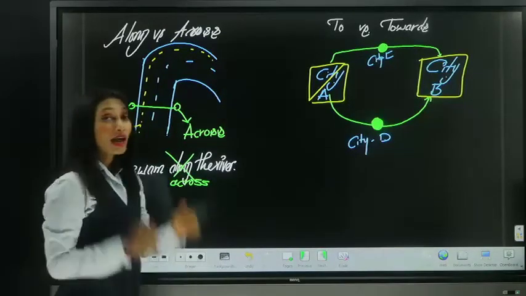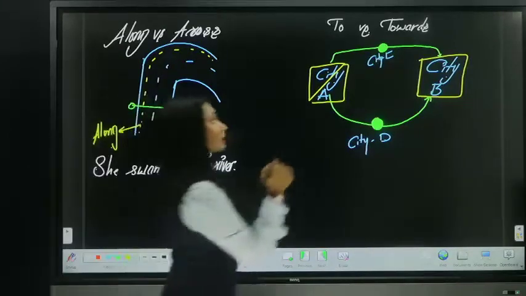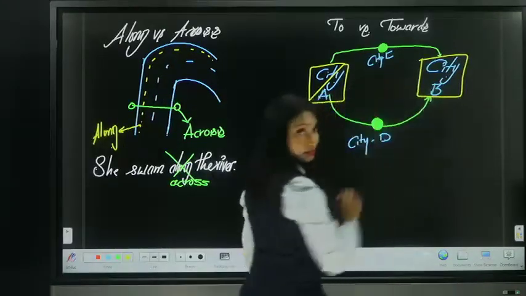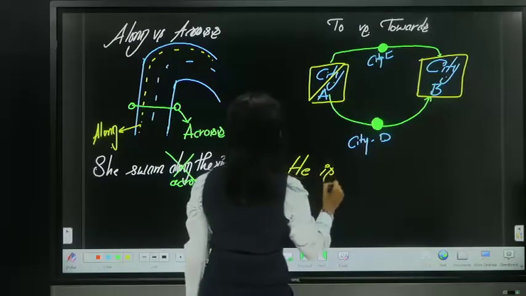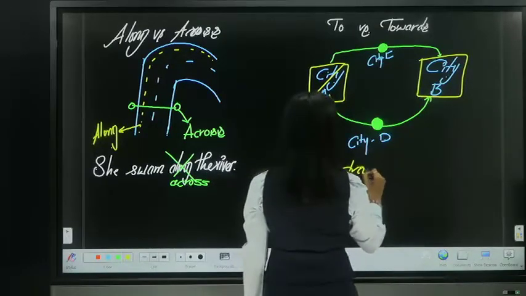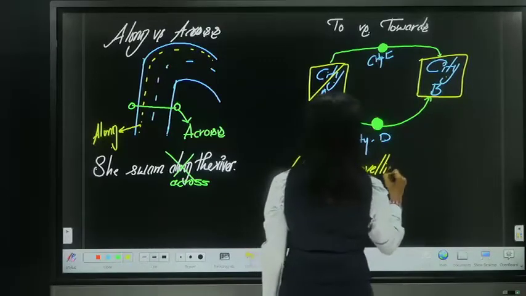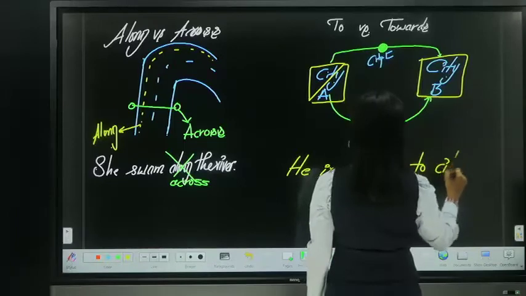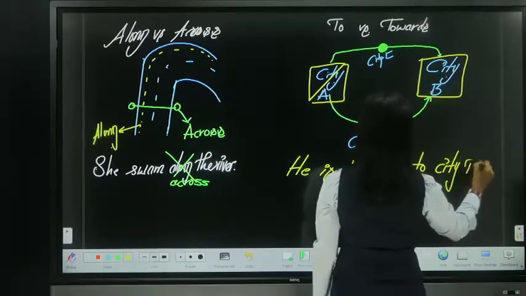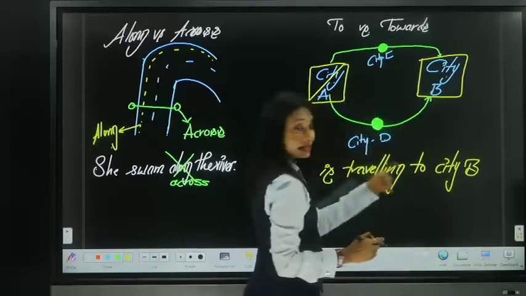Now, where are you going? To city B. So he is traveling to city B. It is his destination.